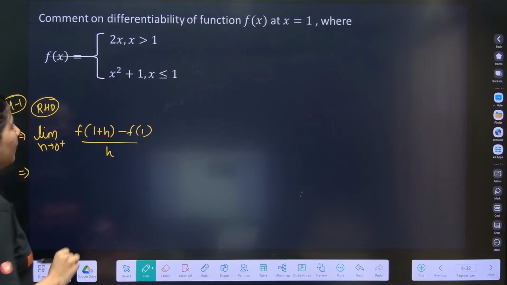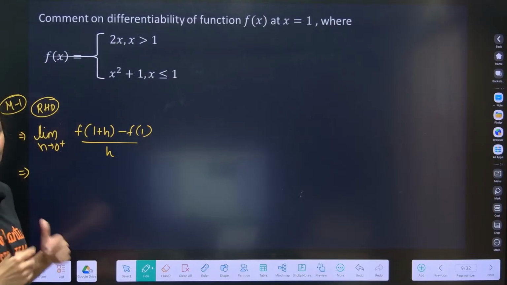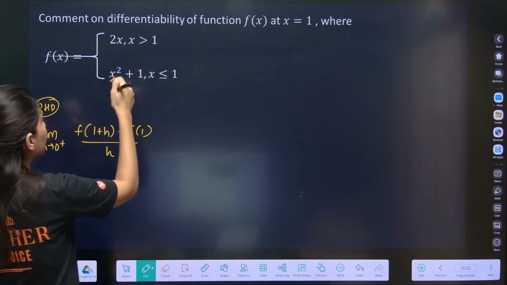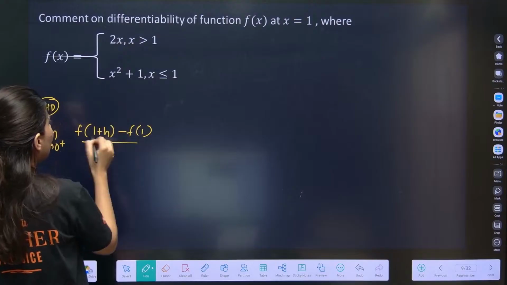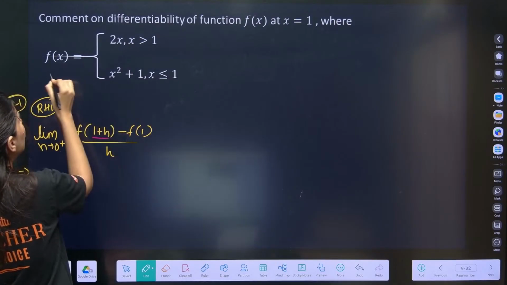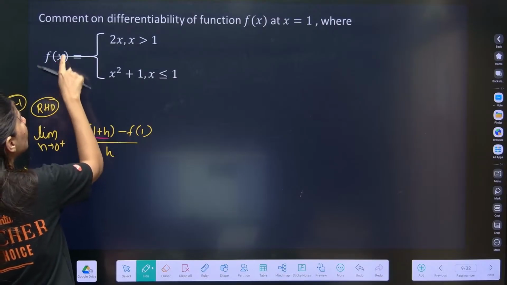Let's see, f of 1 plus h. You need a value greater than 1. 1 plus h is positive, so 2x. Can anybody tell me what f of 1 plus h will be? You have to put 1 plus h in place of x.